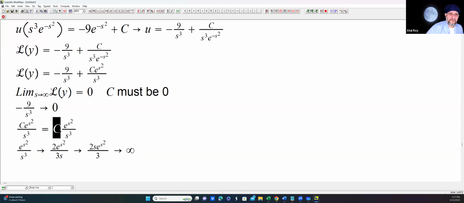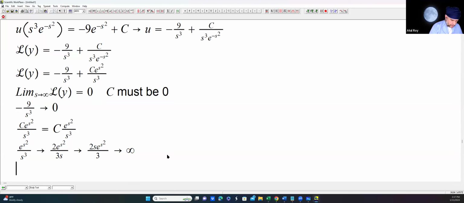So if c is a non-zero number, that will go to either positive infinity or negative infinity, depending on the sign of c, right? So by that rationale, we must have c equal to how much? Zero, right? Okay.